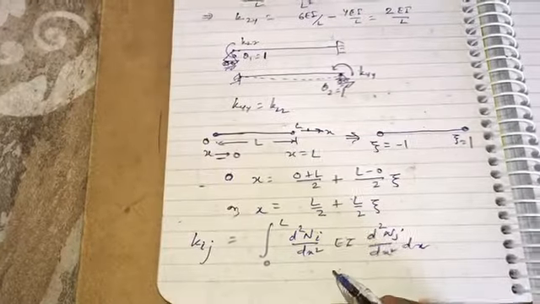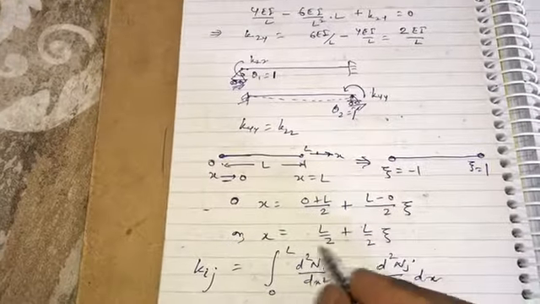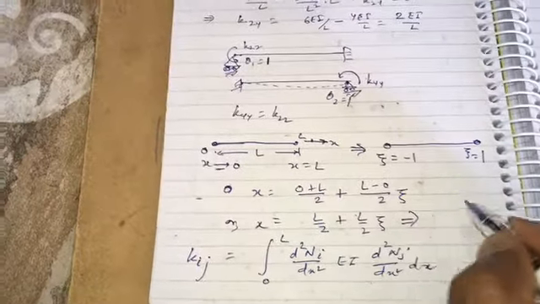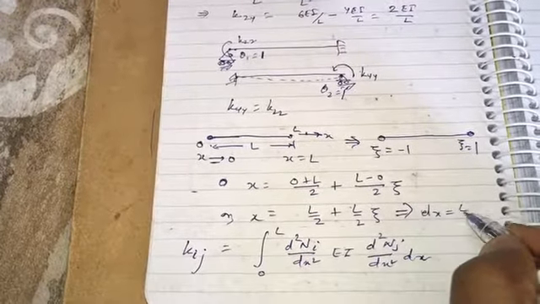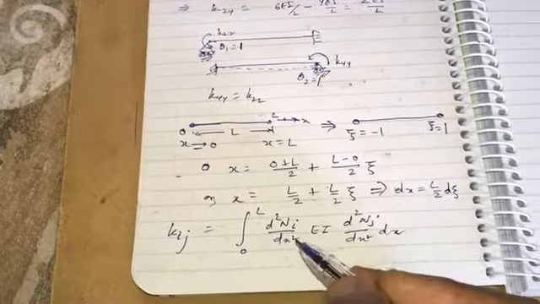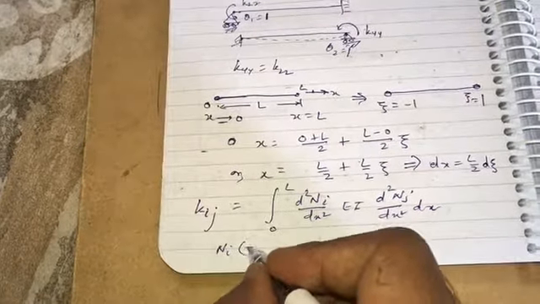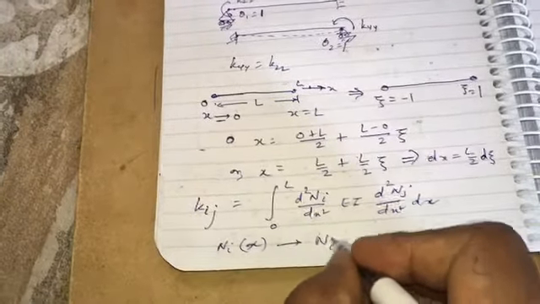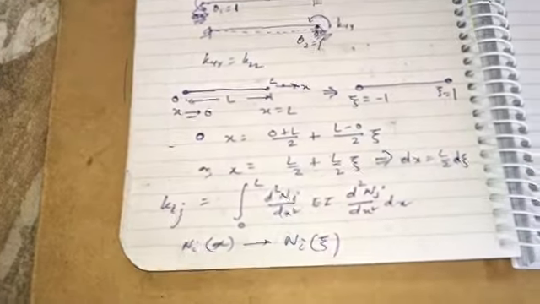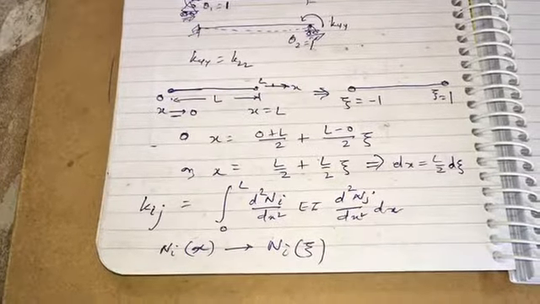From the transformation we know dx equal to L over 2 d xi. We can also express Ni in terms of xi, so from these two we convert into Ni as a function of xi. Let us write Ni in terms of xi directly.